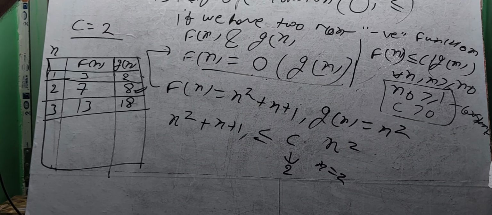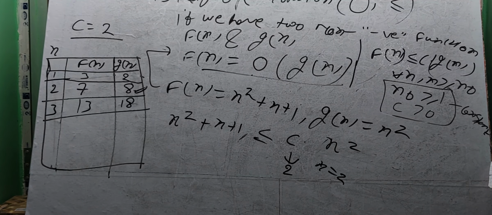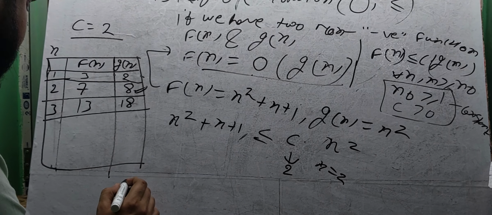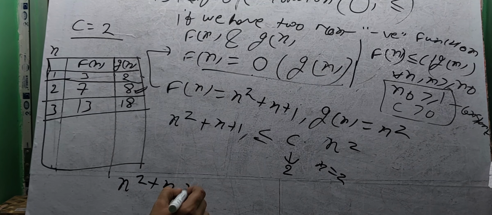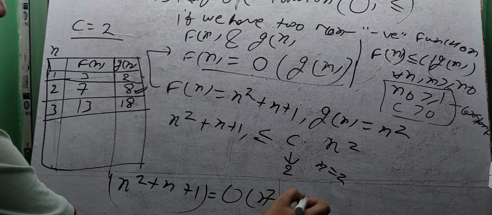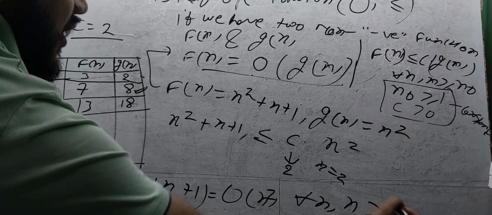So here the value will be, we can write n square plus n plus 1 is big O of n square for all n greater than or equal to n naught.